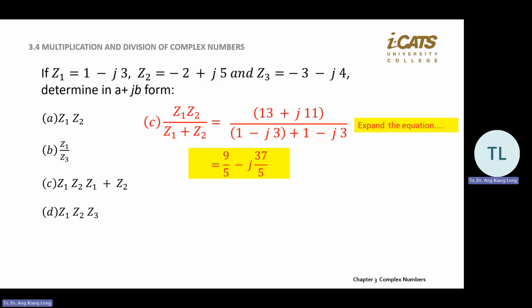Yeah, correct. Okay, this is minus 2 plus 5. Okay. Then correct already, right? And this one correct.